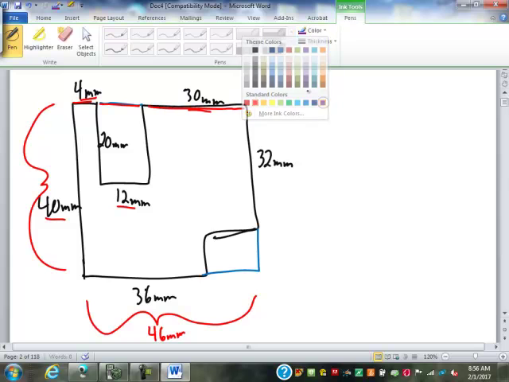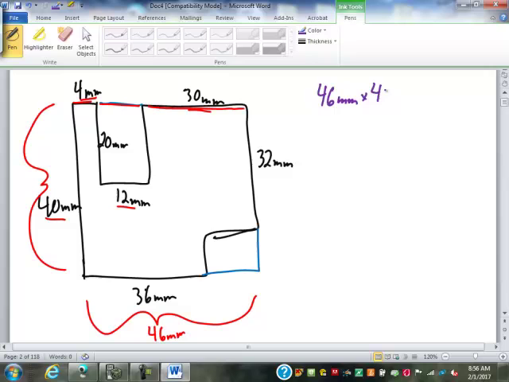So my total area, 46 millimeters by 40 millimeters, which is 1,840 millimeters squared. 46 times 40, 1840. Good. So that's the total.